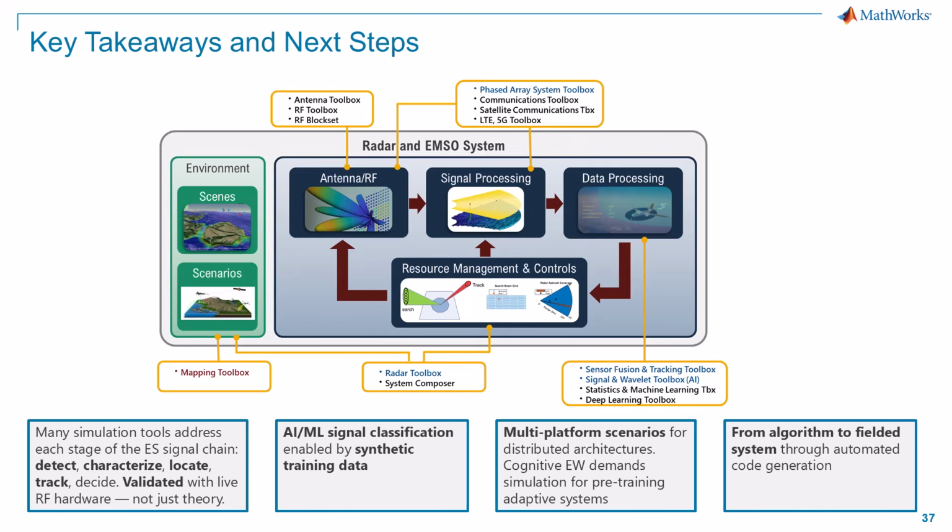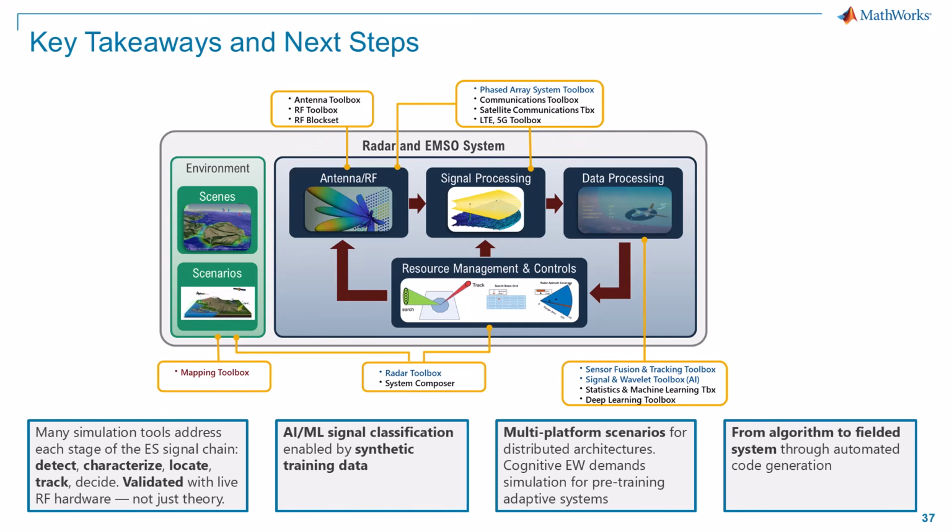So these are 4 key takeaways, and these are what I want you to remember for tomorrow morning. 1, many simulation tools address each stage of the ES signal chain to detect, characterize, locate, track, and decide. And we have validated these with live RF hardware, not just simulation. 2, AI and machine learning signal classification is enabled by synthetic training data that you generate in simulation, solving the data scarcity problem. 3, multi-platform scenarios for distributed sensing architectures.